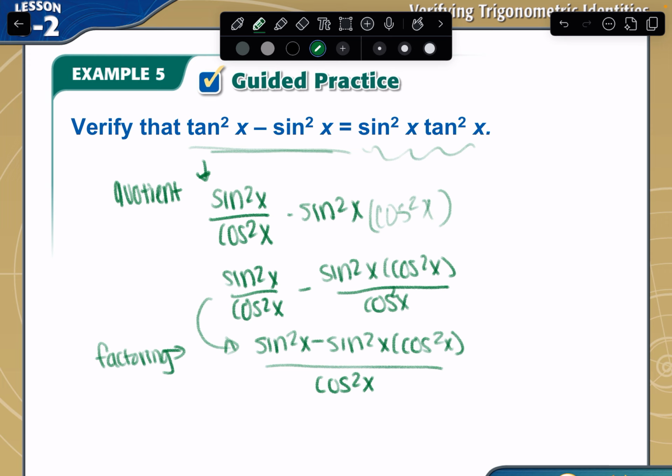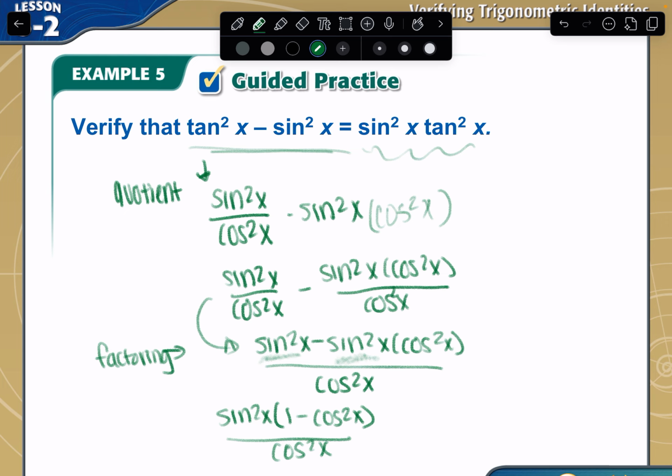Whenever I factor this out, they both have a sine squared x. So I'm going to rewrite this as sine squared x times 1 minus cosine squared x, over cosine squared x. These both had a sine, I factored it out to end up at that point. From here, and I know this is going to look weird, but we're just not going to multiply it.